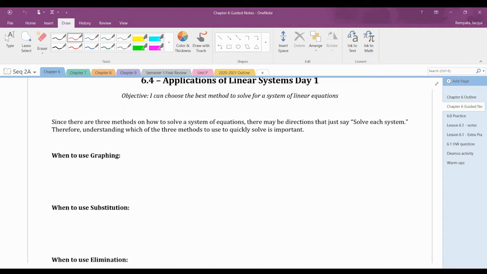So when is graphing the best method? The only time that I would suggest you graph, if you are given the choice, is when both equations are in slope-intercept form.